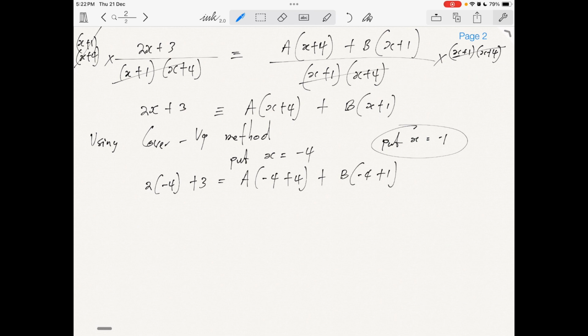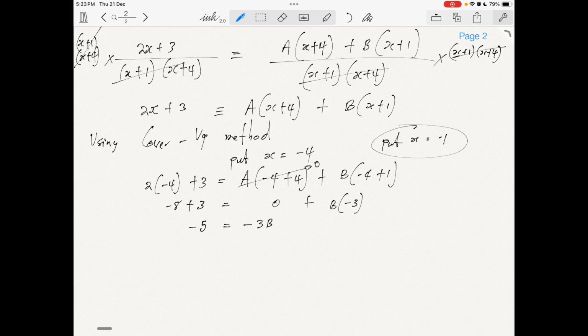Okay, so this will be equivalent to -8 plus 3, is equal to -4 plus 4 will give us 0, right? And everything here returns to 0. So 0 plus b into -4 plus 1, that's -3. So -8 plus 3 gives us -5, and this will give us -3b.